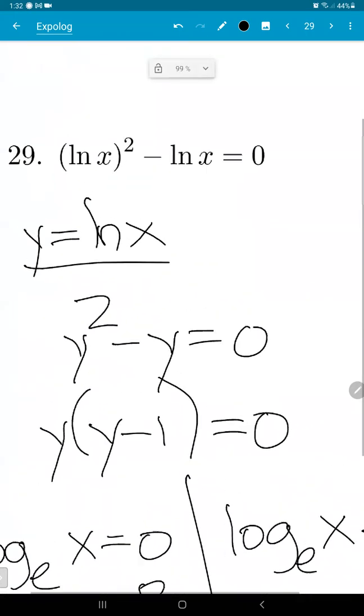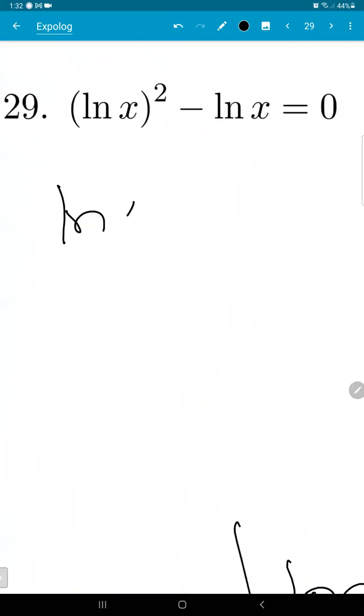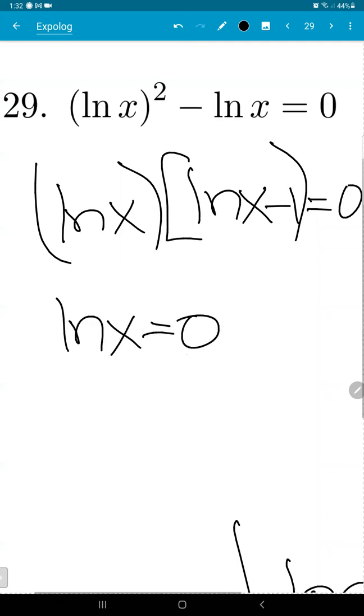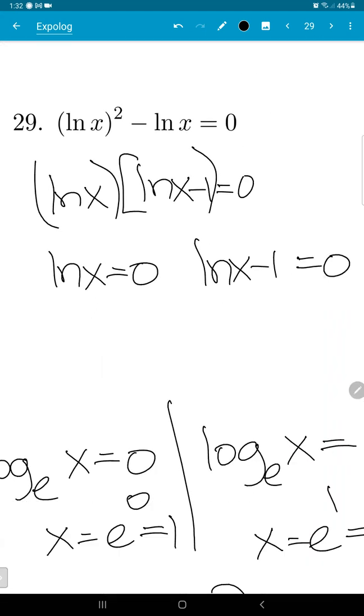Or sometimes if you want to do it directly, you can just factor out ln x. And you equate each factor to 0. You get the same results. So that's case 1 from earlier, and this is case 2, ln x equals 1. But the good thing about substitution is you see right away what to do. You see that it's just quadratic.